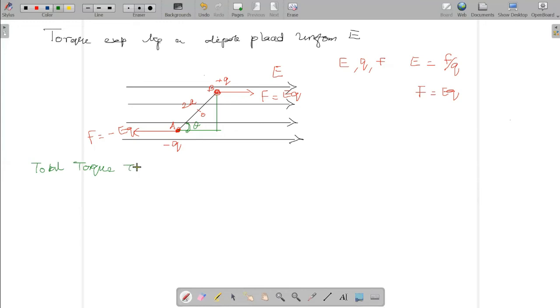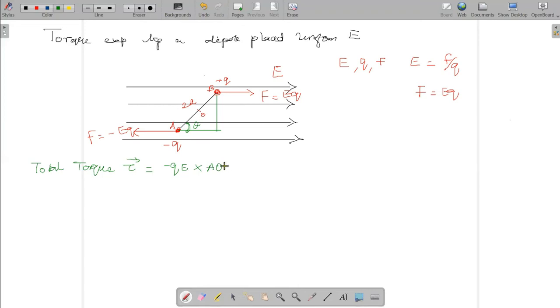torque is represented as tau equal to, it's a vector quantity. So force into perpendicular distance, force is QE. We are taking this force into the distance AO. It's a cross product of AO.